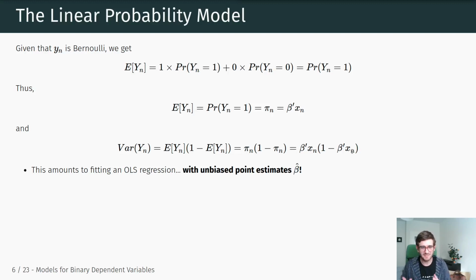And it turns out that this conditional expectation of a dichotomous outcome measure is equal to the probability of observing a 1 rather than a 0, okay? So we can still use OLS and we still get unbiased point estimates for beta hat, the linear effect on the probability of observing a 1 rather than a 0 in our outcome measure.